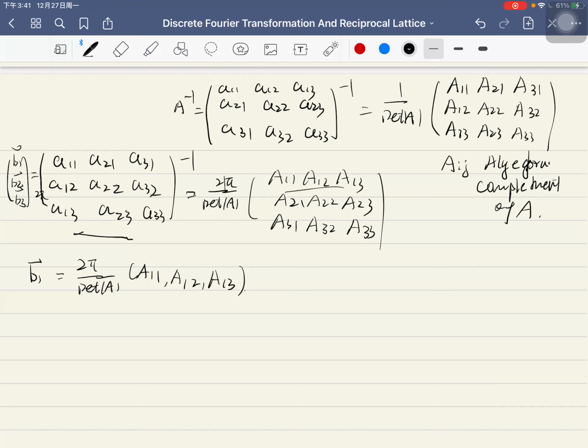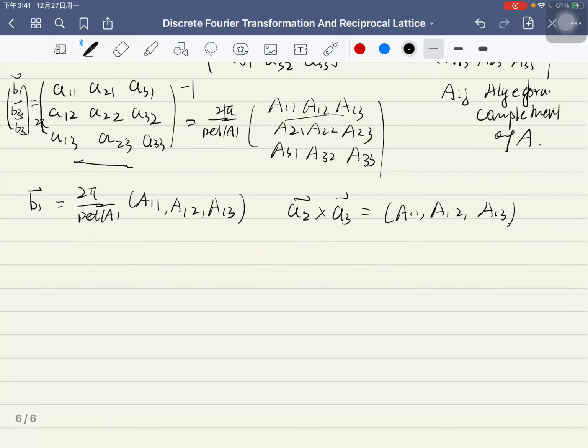We can easily check that A2 cross product A3 equals A11, A12, A13, so it can be written in this form, A2 cross product A3.